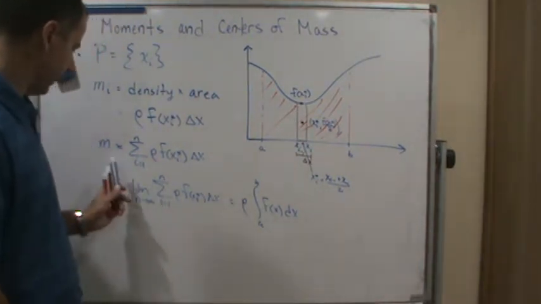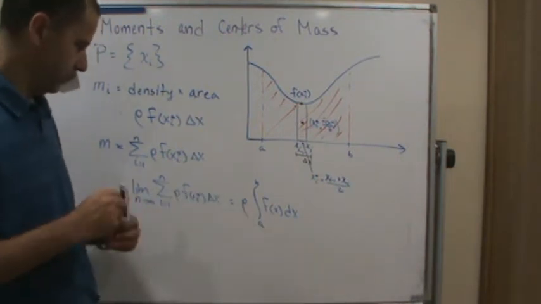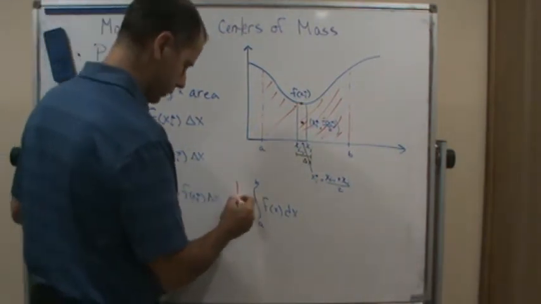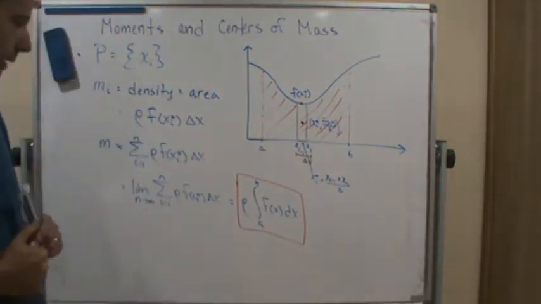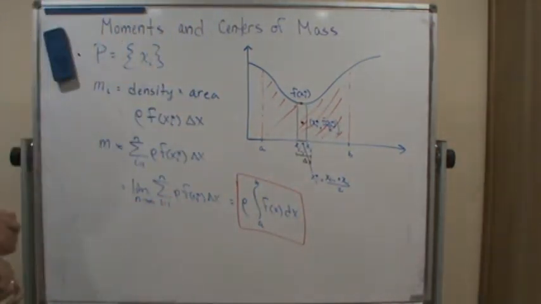And so this is what we get for m. Okay, so that's our integral for m. So that's how we derive the total mass of the lamina.